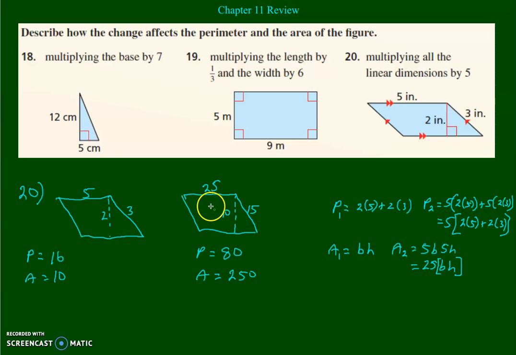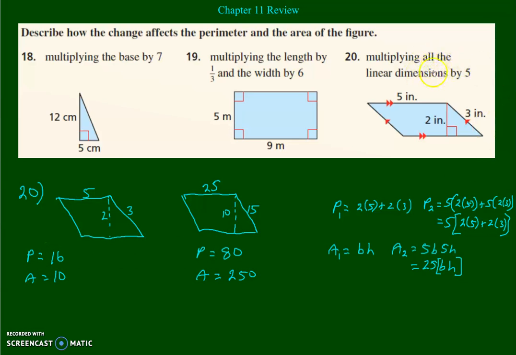So the perimeter here becomes 25 plus 25, which is 50, plus 15 and 15, which is another 30. 50 plus 30 is 80. And then the area is base 25 times 10, which gives us 250. Now if you look at what happens here, to get from 16 to 80, we're in fact multiplying by 5.